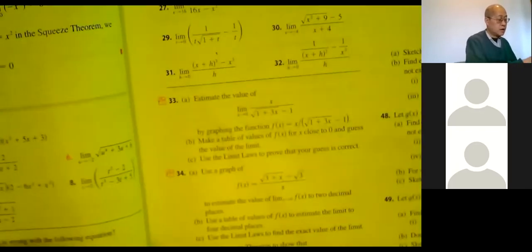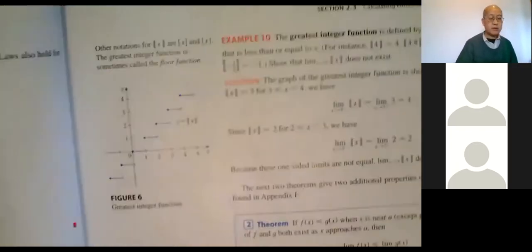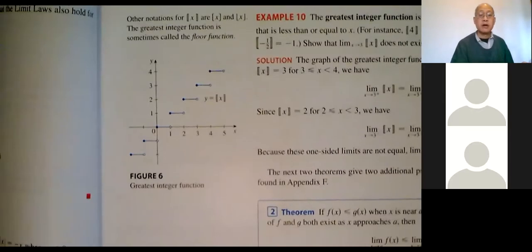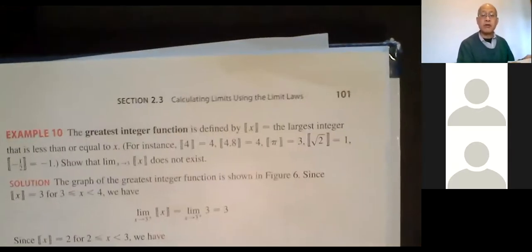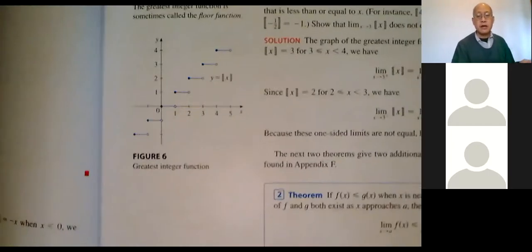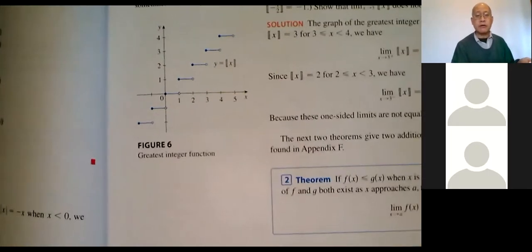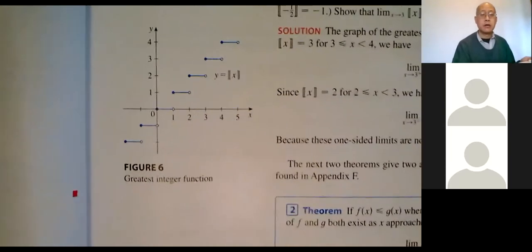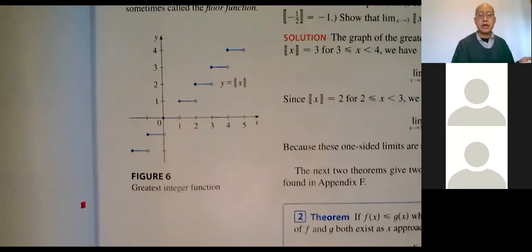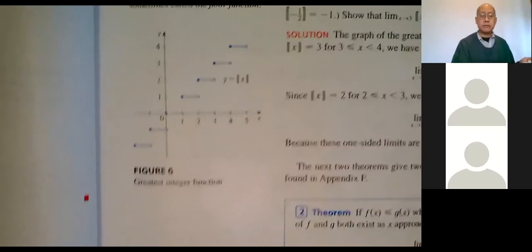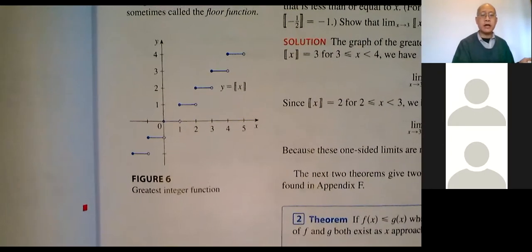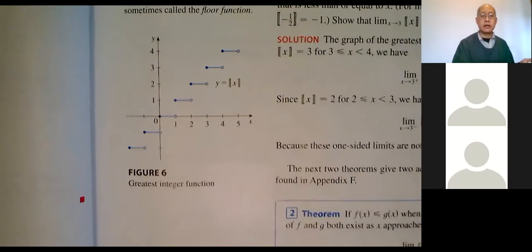And we've looked at the graph before. Let's take a look at it. I alluded to it the other day. Greatest integer function, page 101. If you want to put that graph on your cheat sheet, you may. It's a step function, it looks like you're walking up some steps. Closed circle on the left side, open circle on the right side.